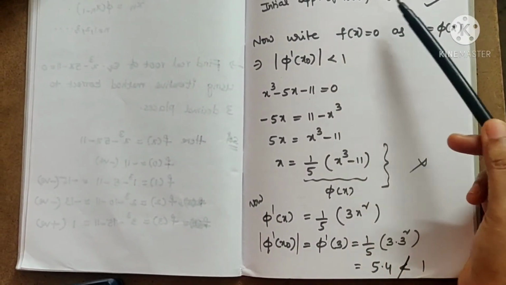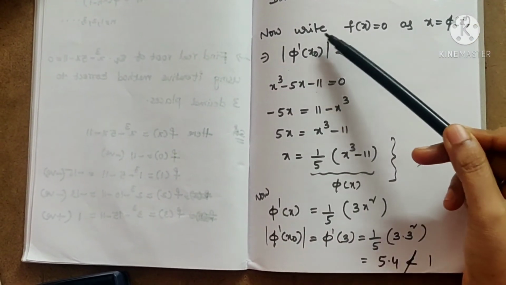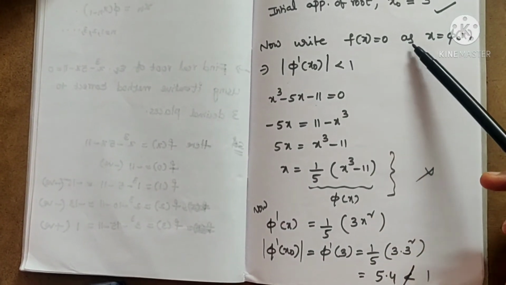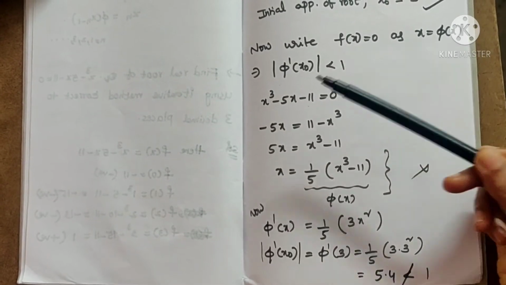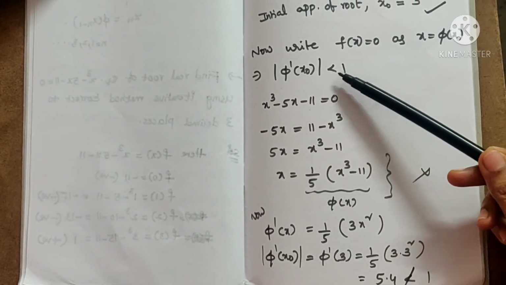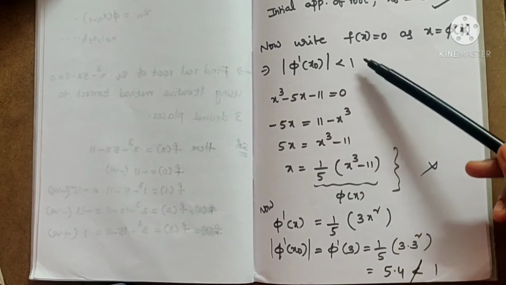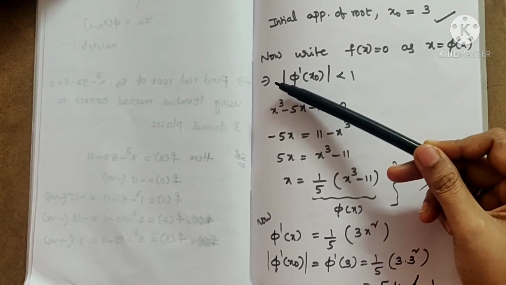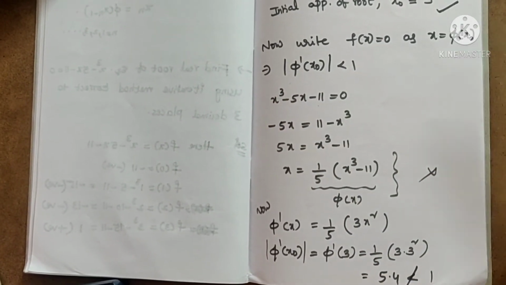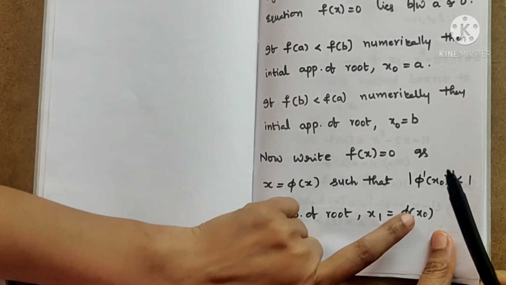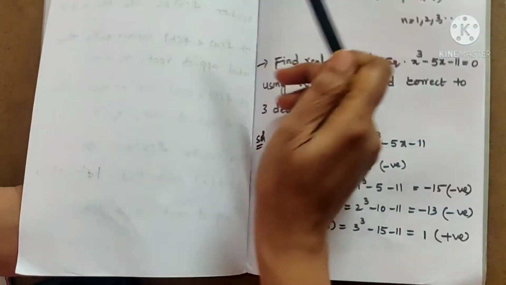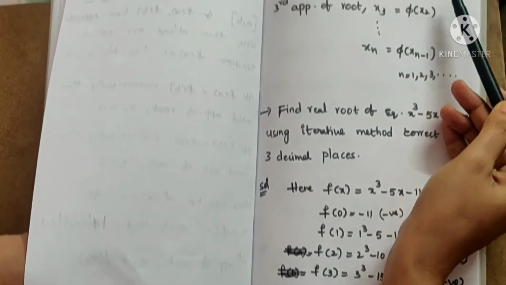Means, after finding the initial approximation, we have to write f of x equal to 0 as x equal to phi of x such that modulus of phi dash of x naught should be less than 1. If this condition is satisfied, only such type of phi of x is useful in calculating the approximate root. First approximation of the root x1 equal to phi of x naught and second approximation x2 equal to phi of x1.